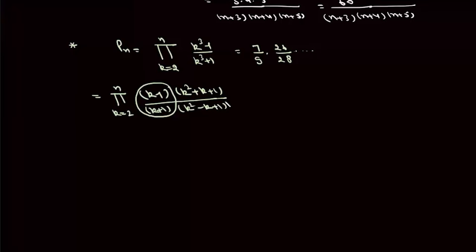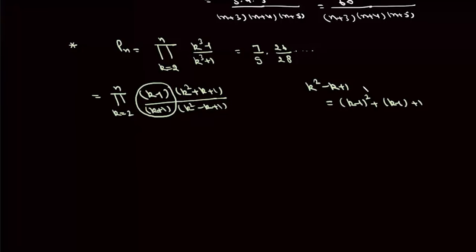But what about the second one? If we look at the second one also, K square minus K plus 1 can also be expressed as (K minus 1) square plus (K minus 1) plus 1.